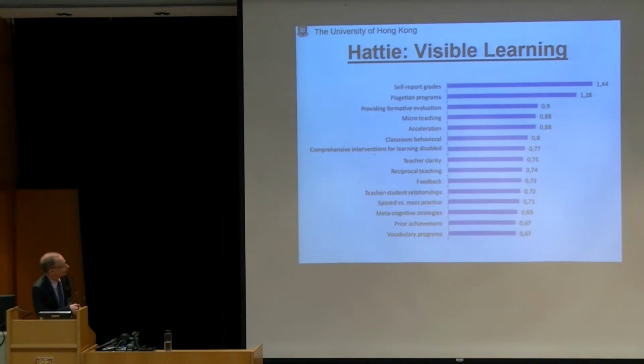Any other things that seem to relate to assessment for learning? Metacognitive strategies. I was talking about the peer evaluation and self-evaluations. We got them here. Self-report grades, right at the top. He doesn't have actually very many studies on self-report grades, so I think that's a slight artifact of the methodology.